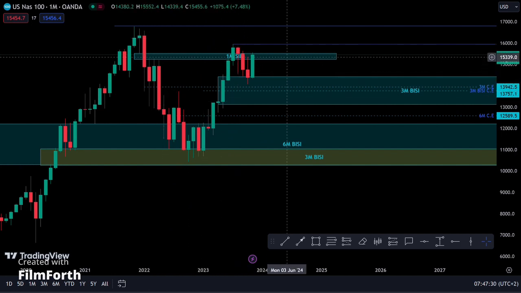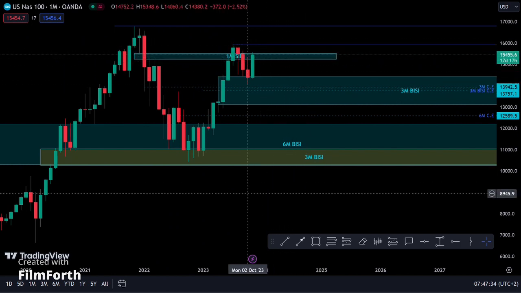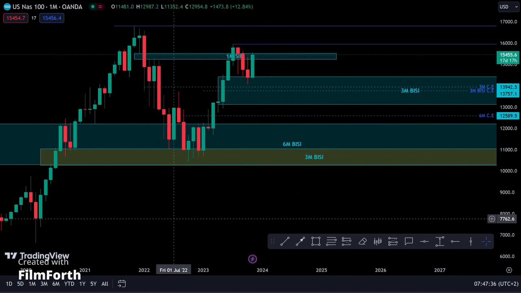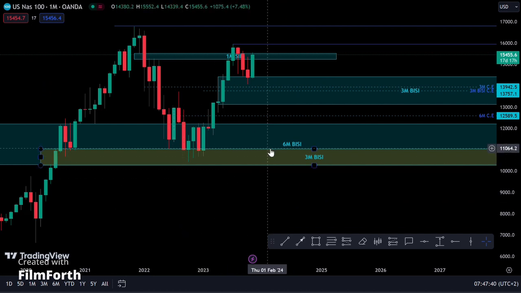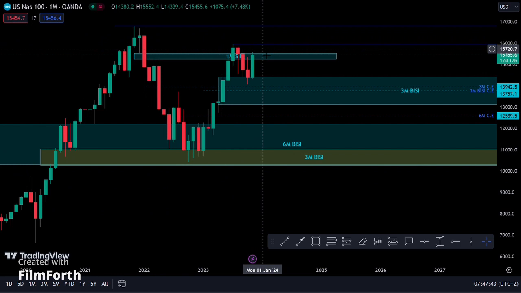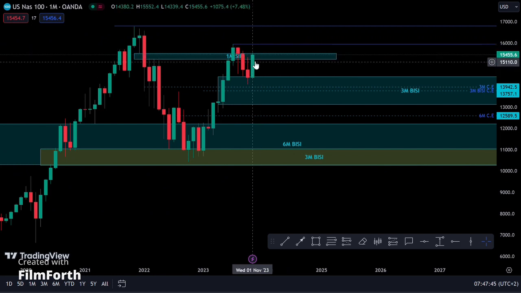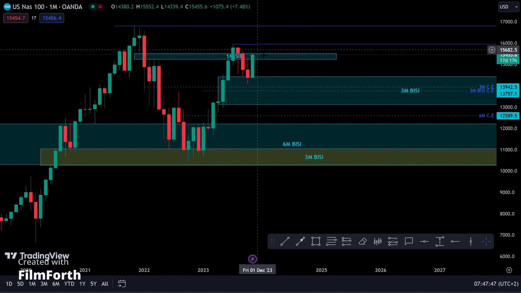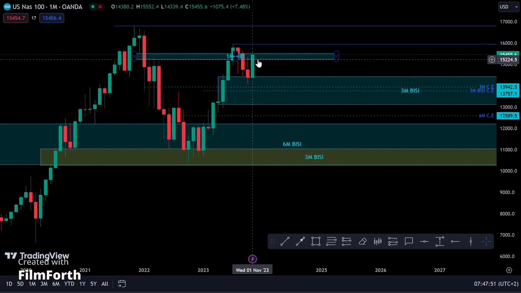So here we have our 1 month BSI, which we are within right now. And the month obviously is not over. It depends. So what we initially want to see within this month is whether we close above, within, or below it.